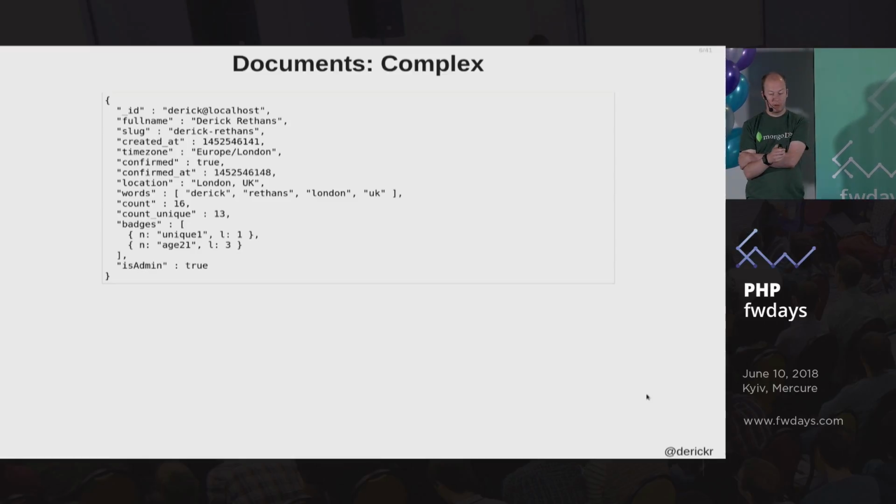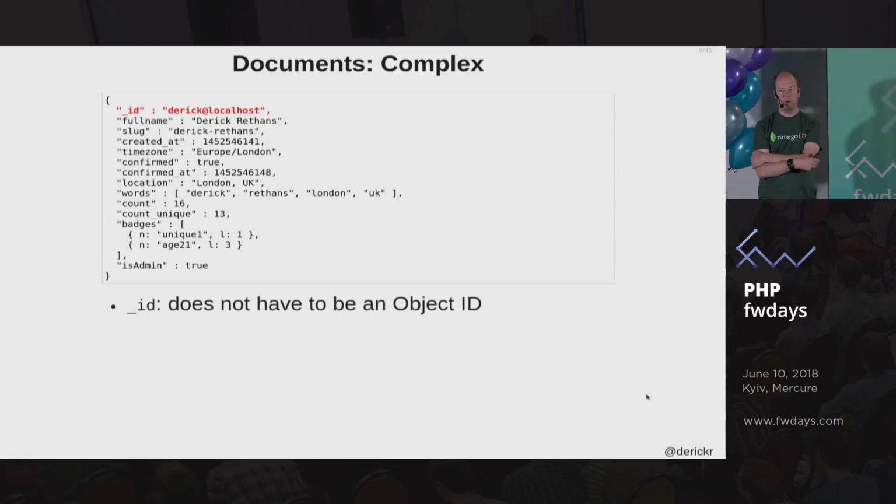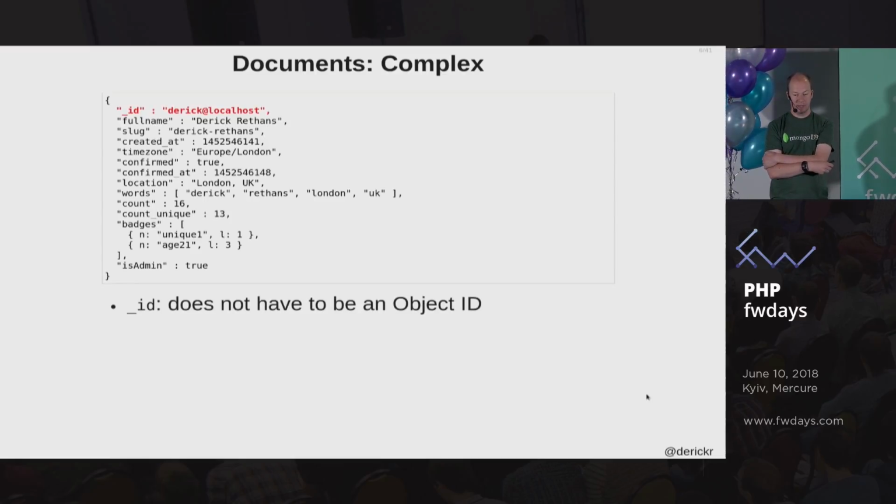In this more complex document, we again have this _id field, but it's now not the auto-generated number from the previous slide. It is something that you can set yourself. If you already have an ID, in this case I use my email address, which is going to be unique for the rest of my application, you can just set that yourself.